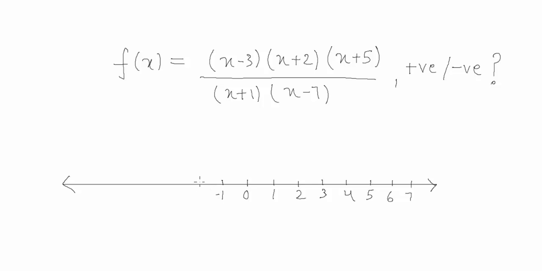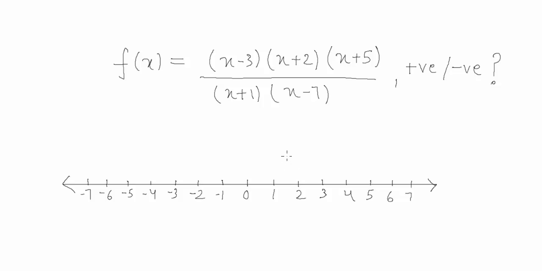So minus 1, minus 2, minus 3, minus 4, minus 5, minus 6, and we are almost there, minus 7.